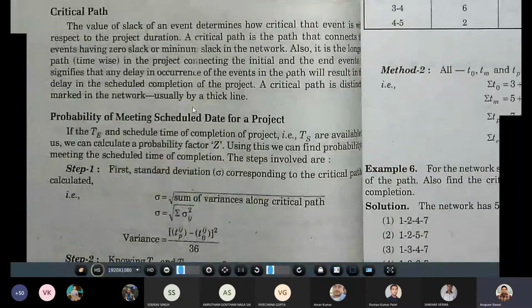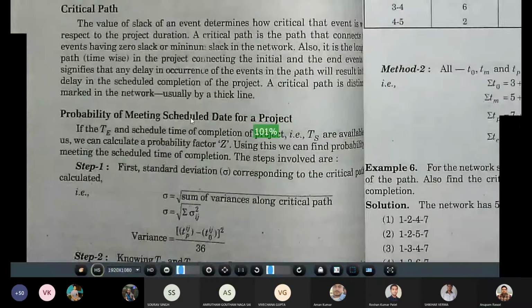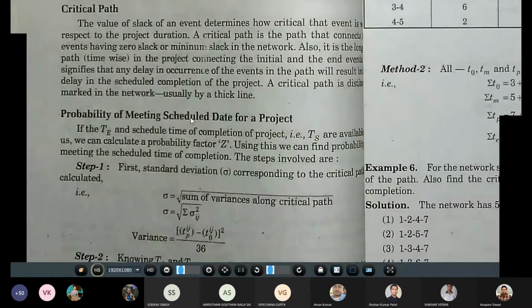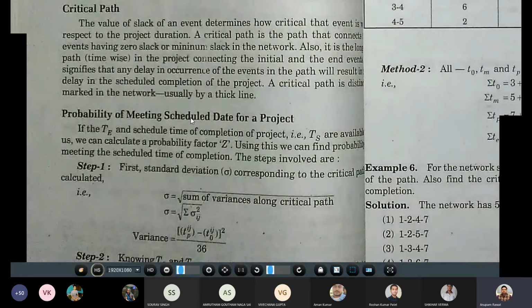The value of slack associated with an event determines how critical that event is. The less the value of slack, the more critical an event is. A critical path is the one which joins the events having 0 or the minimum slack time.